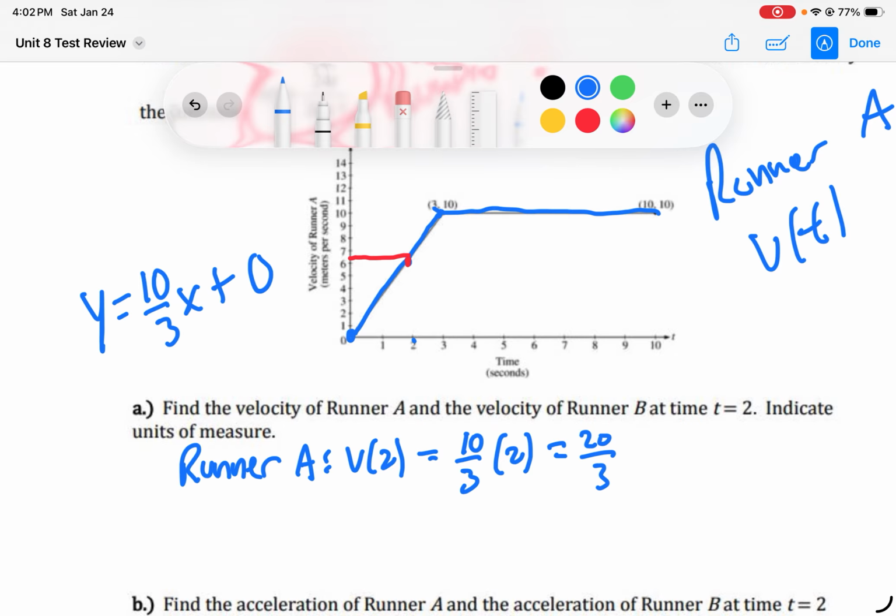And since the calculator's allowed, you can get 6.666666, or just keep it as 20 over 3. But be careful with that. And I need to indicate units of measure. So velocity would be meters per second. It was given to us, meters per second. All right, runner B.